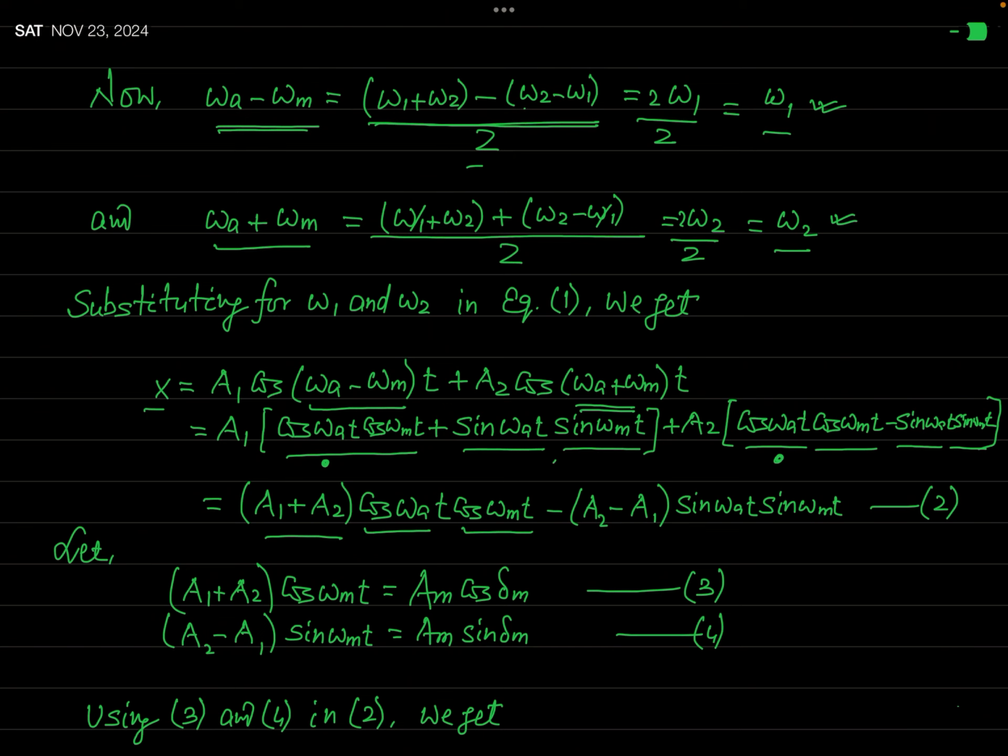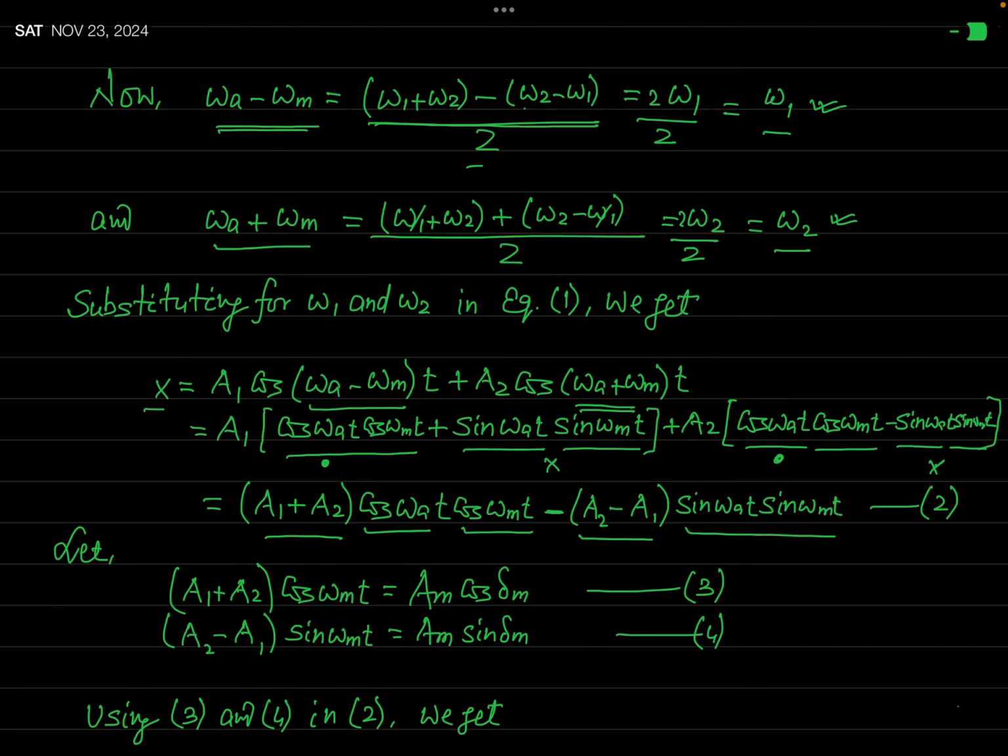Okay. Now see the second term inside the first square bracket and also inside the second square bracket. In the second term you can see sin ωat times sin ωmt can be taken as a common factor, and the remaining terms will be, I have taken minus sine as a common factor, so this will be a2 − a1. Okay.